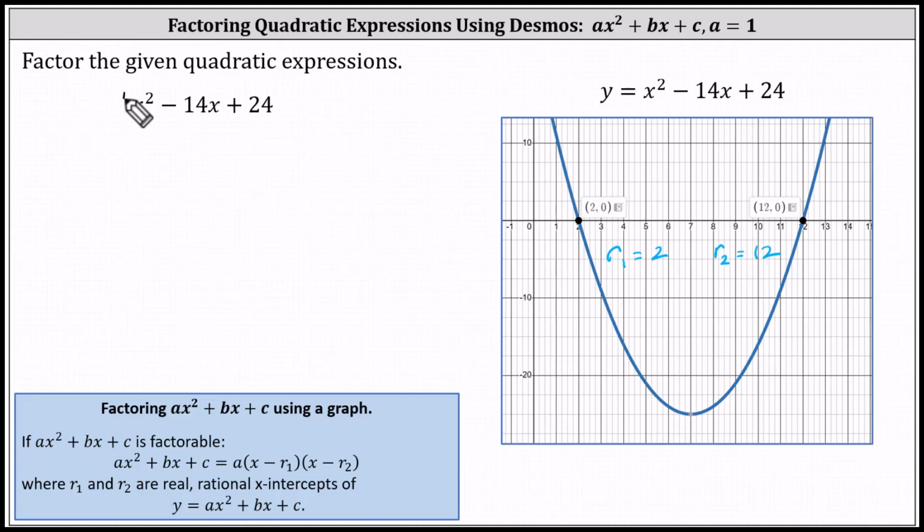And again, because a equals +1, we can write the given expression as 1 times the quantity x minus +2 times the quantity x minus +12. The two factors of the given expression are x minus 2 and x minus 12. And again, traditionally, the factors of +24 that add to -14 are -2 and -12.